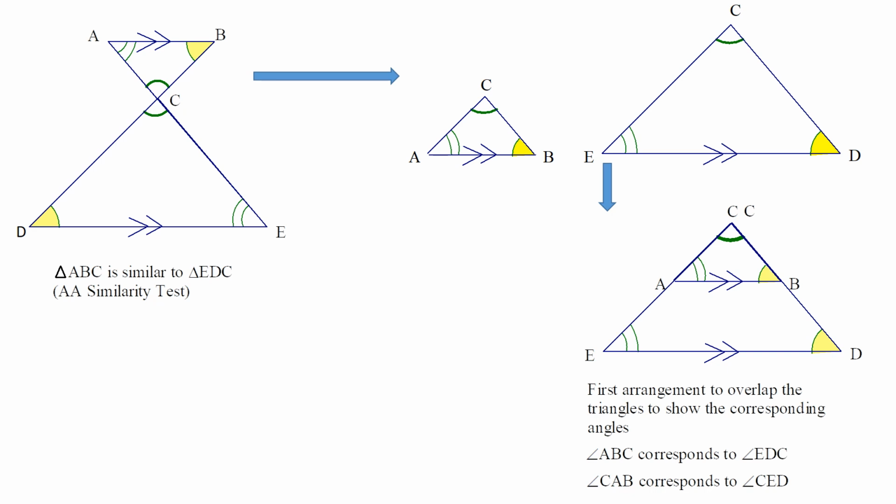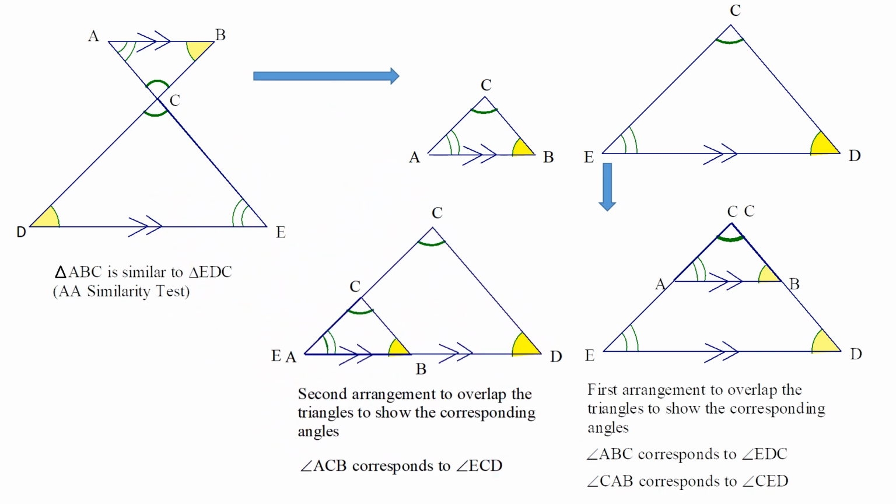Another way of overlapping them would be this type of arrangement, and then from there you can see that angle ACB corresponds to angle ECD. Right, when you're doing such questions, there's no need to show the last two diagrams.